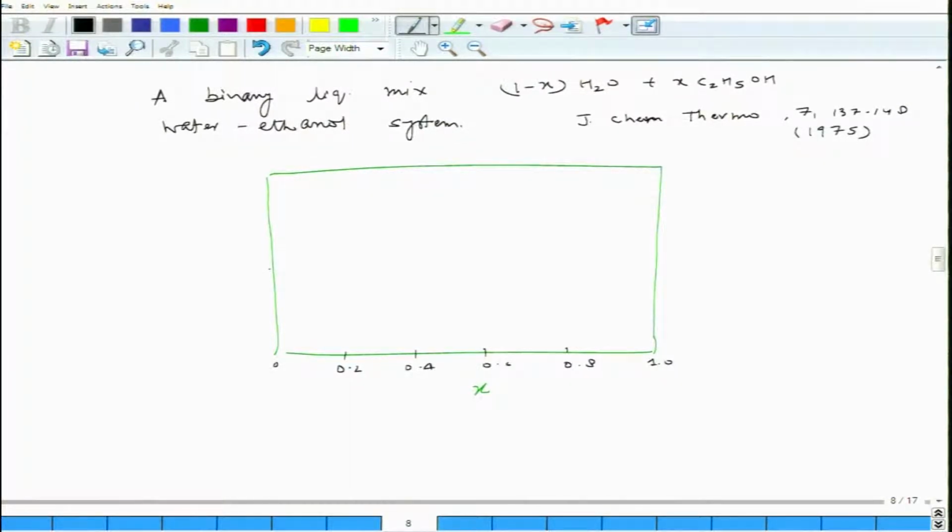This is somewhere 0, and what I am plotting is delta small h mix, so basically the change in the enthalpy per mole. The unit is joules per mole. Now, I am going to draw these values with changes in temperature. So, this is a typical value for 380 Kelvin.